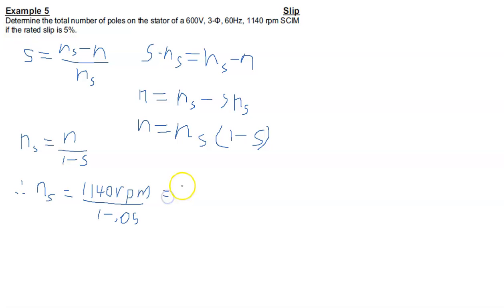And so we have 1140 divided by 0.95. And remember now that we're expecting ns to be a nice whole round number because poles occur in pairs. And so nice whole even numbers result in round numbers for ns, right? So ns is equal to 1200 RPMs.